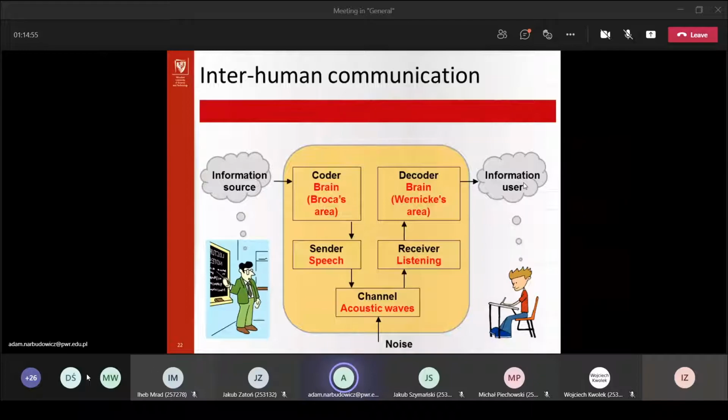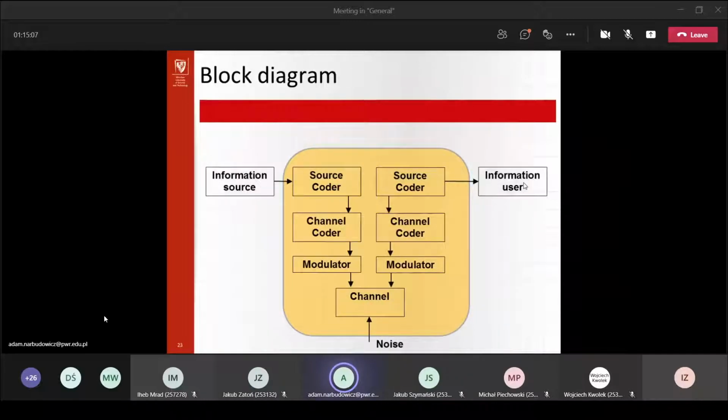Okay, so again, as you see, quite a lot of the framework can be put to work in many different contexts. Okay, so here again, going back into the same block diagram, using again more precise terminology.